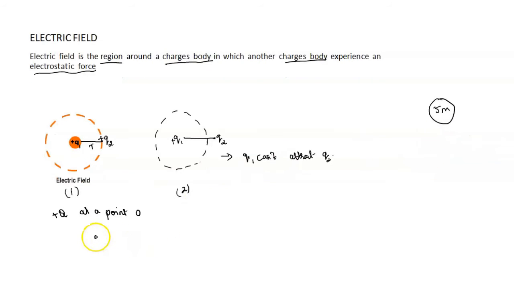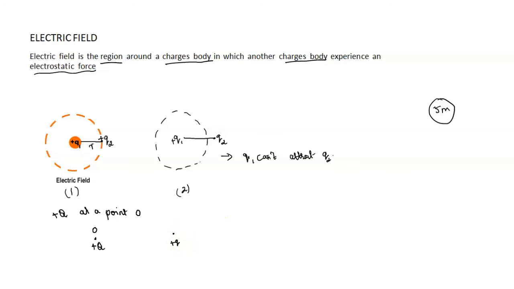Name that point O. If another small positive charge, small letter q, is placed within the region of capital Q, then small q will experience a force of repulsion, because both these point charges are positive. Both charges have the same sign, and equal charges always get repelled.